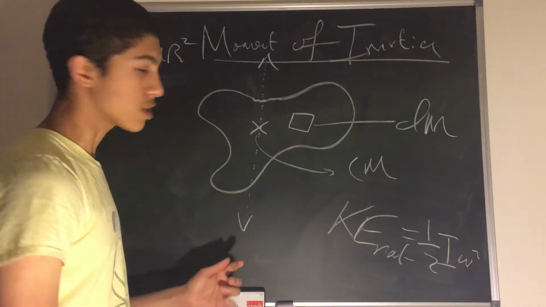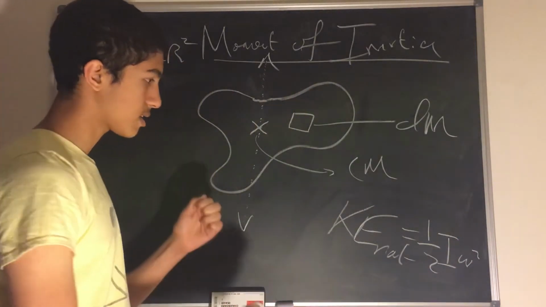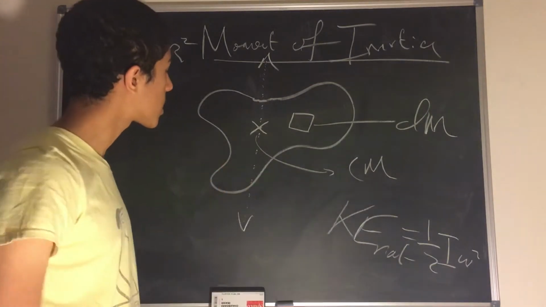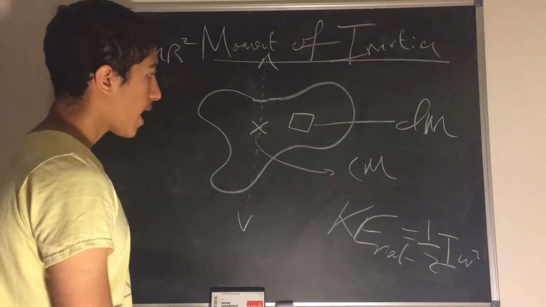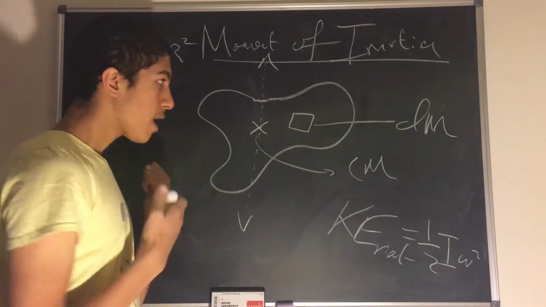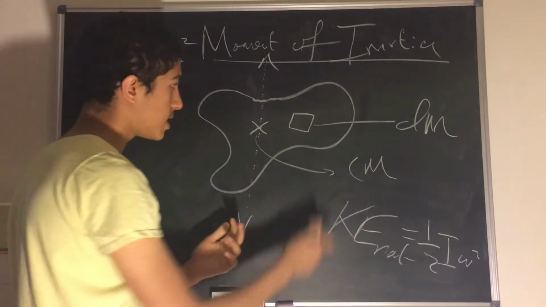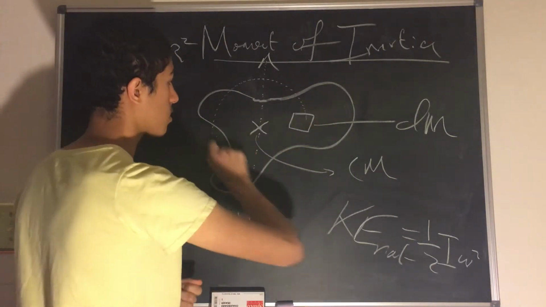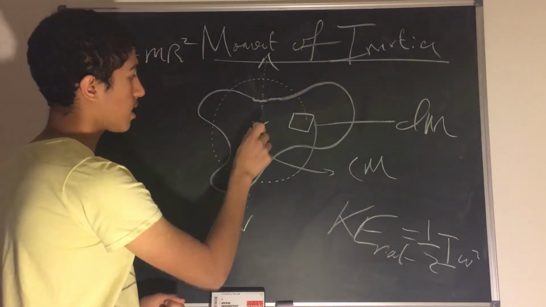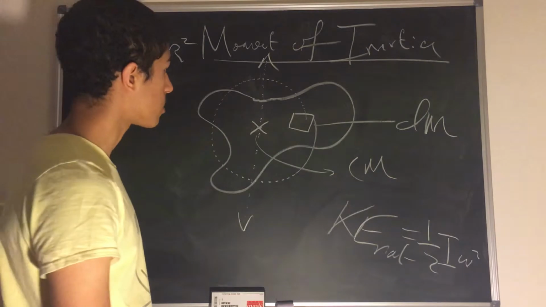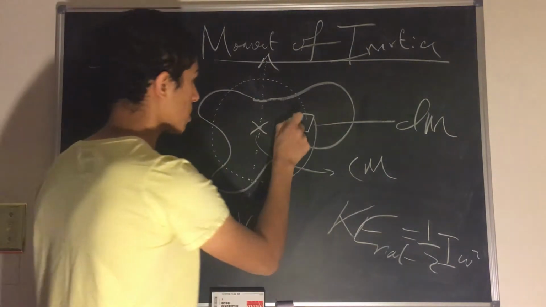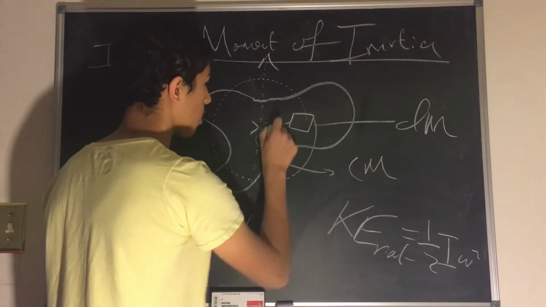Now the question is, as the body rotates, because we are dealing with rotational kinetic energy, how does the specific section dm rotate? Well, dm rotates in circular motion around this center of mass right here, and it rotates with radius r.